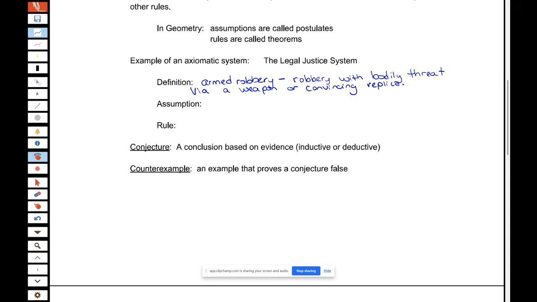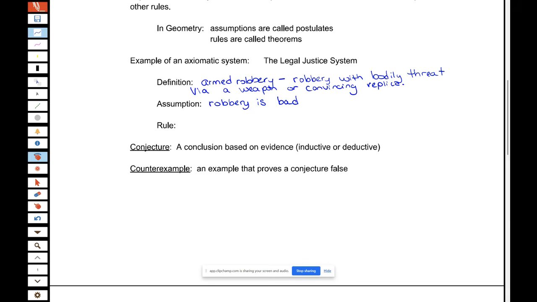Now, that's a definition of what armed robbery is, but the assumption that we would make in our legal justice system is that this is bad. We should not be robbing people. That is not good to do. So robbery is bad. We don't prove that. We don't define that. We just take it as an assumption and take it for granted that that is true.